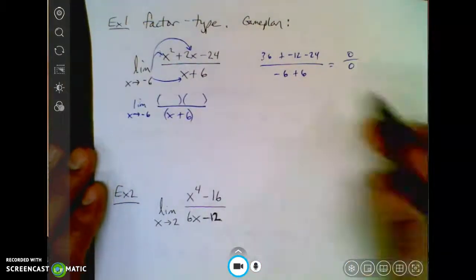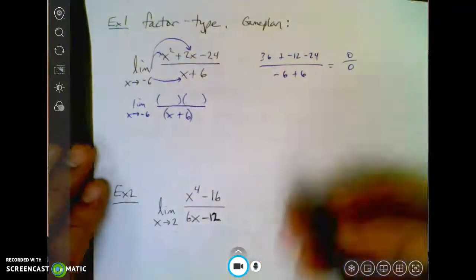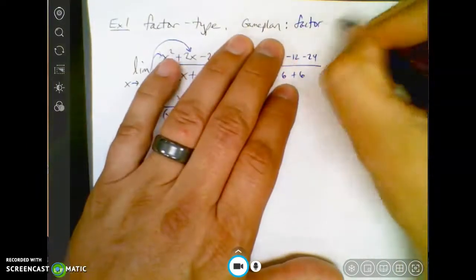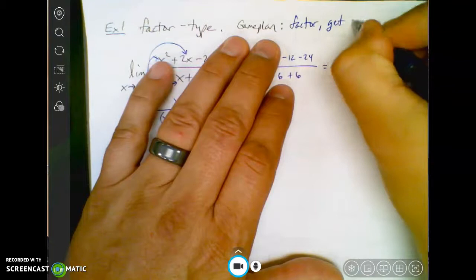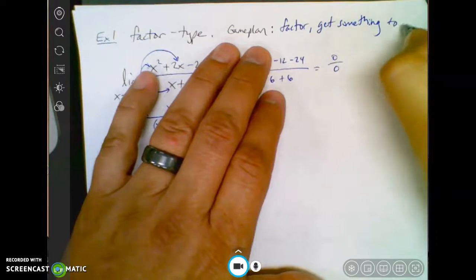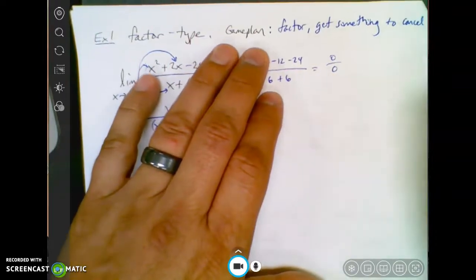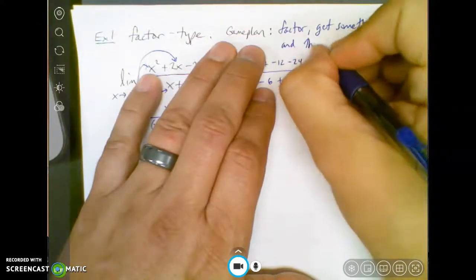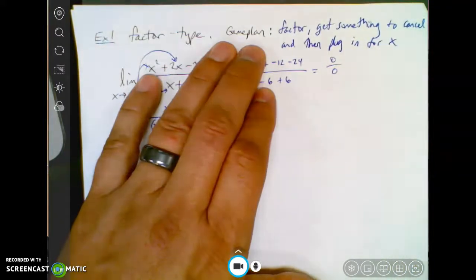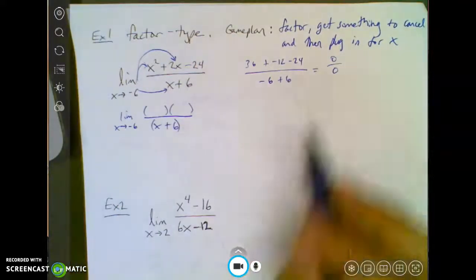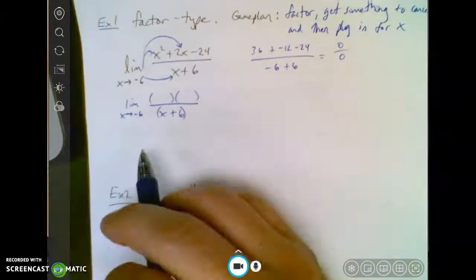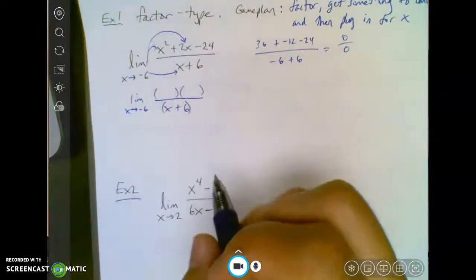So our game plan with problems that look like this is to factor, get something to cancel, and then plug in for x. Clearly plugging in for x at the beginning didn't work. I need to do something more, and that is factor it, see if something cancels, and then hopefully plug in for x will work.